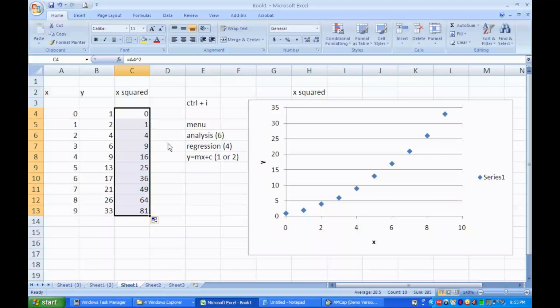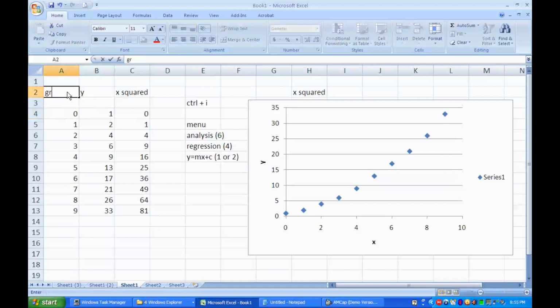Now, if you are using a CAS, what you will do instead, it'll look like this, and you can call this whatever you like. You can call it X, you can call that Y. It doesn't matter, as long as you know which one is your explanatory variable and which one is your response variable, or which one is going to be on your horizontal axis and which one on your vertical axis.